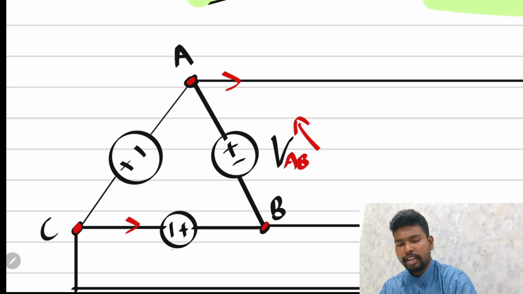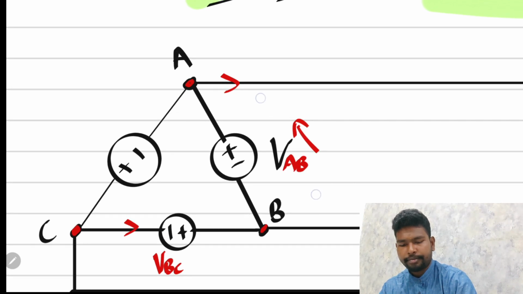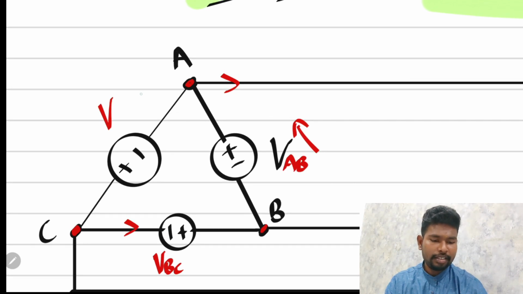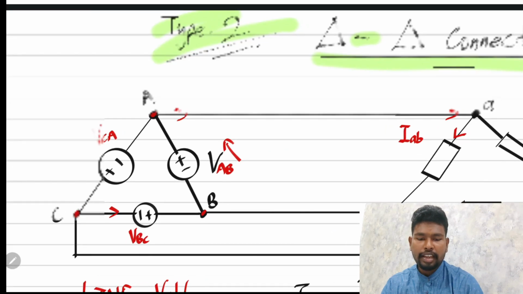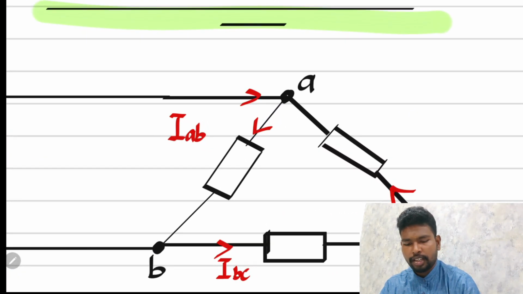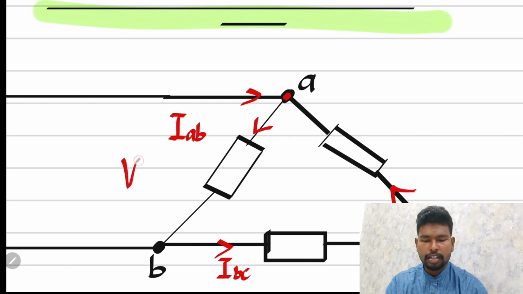And from A to C, therefore, it becomes VCA. Right? Same thing goes here. The current flows, it enters into node A to B, so it becomes VAB. It's exactly the same, okay?